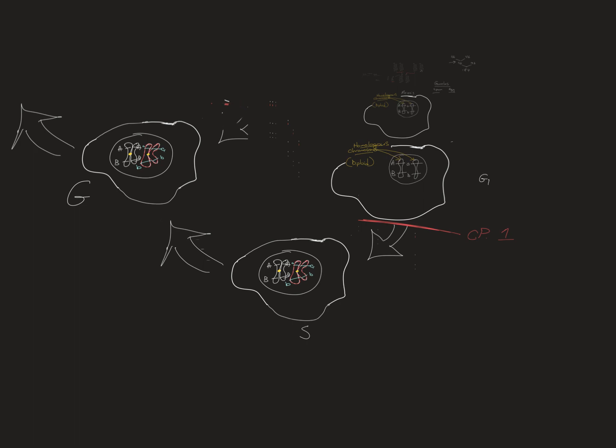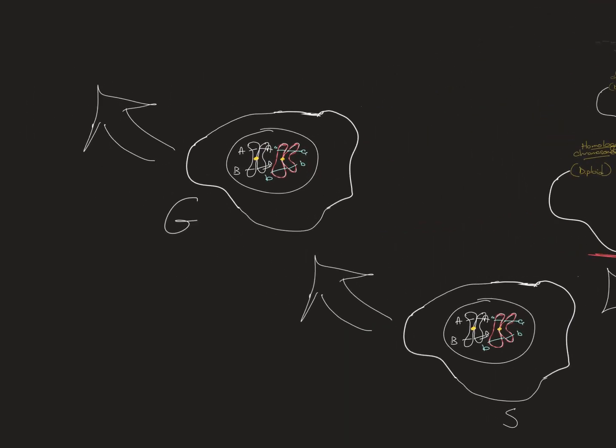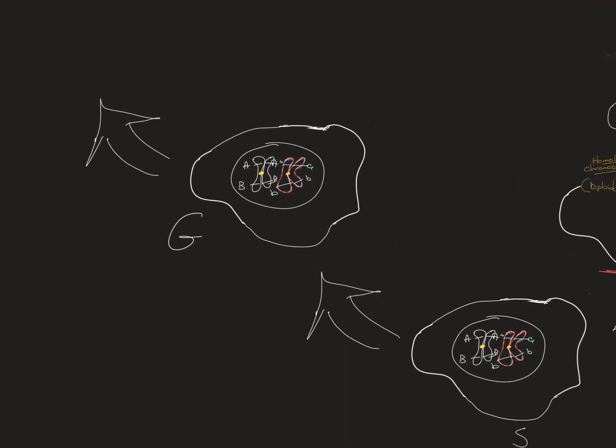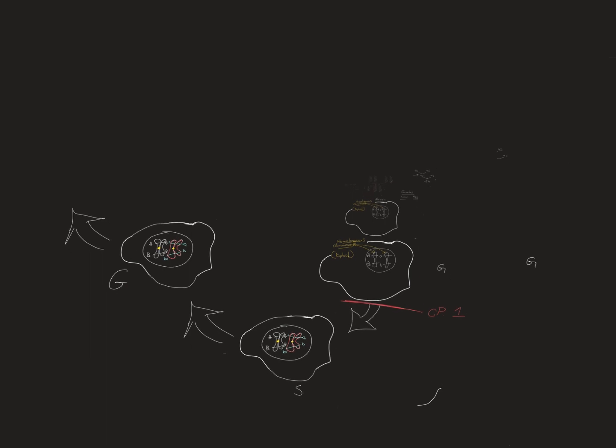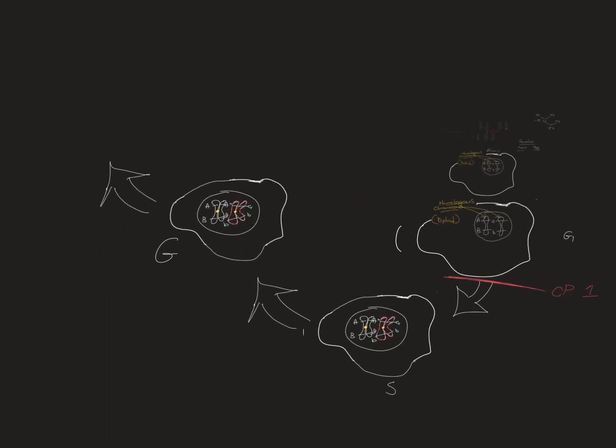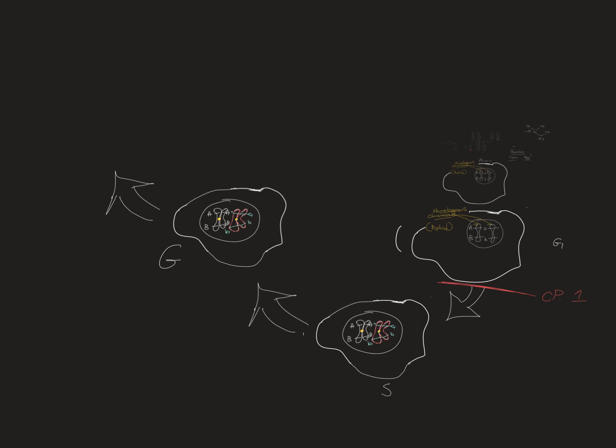No. Now, to be clear, when it's going through DNA synthesis, when you're copying the DNA, it is checking for mistakes and correcting. But there's no checkpoint. It checks and corrects. There's no decision point where it says apoptosis, the cell dies, or the correction. It just corrects. That's what we mean by checkpoint. All right.